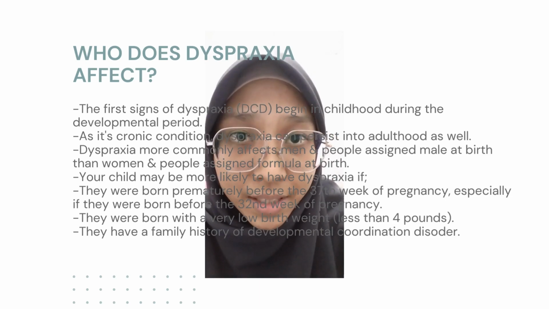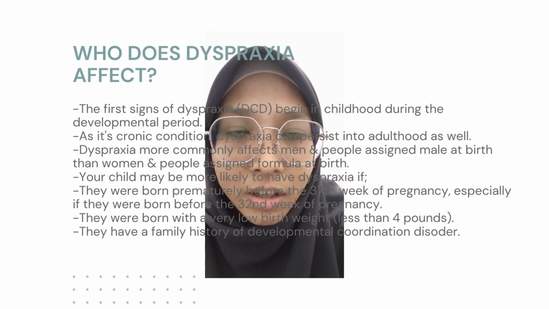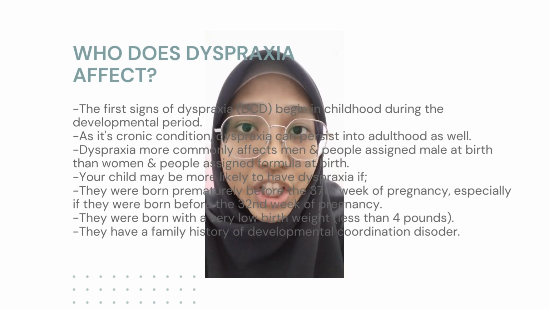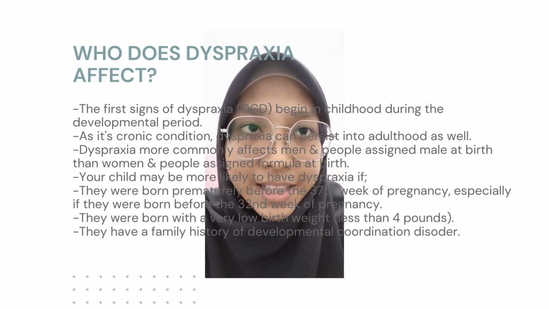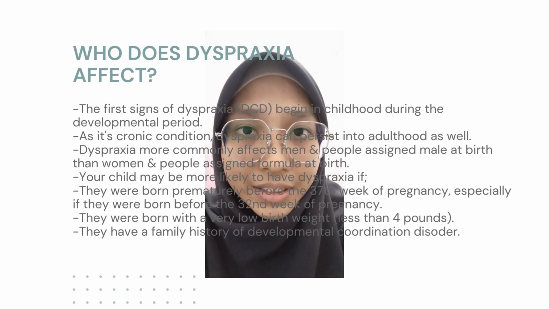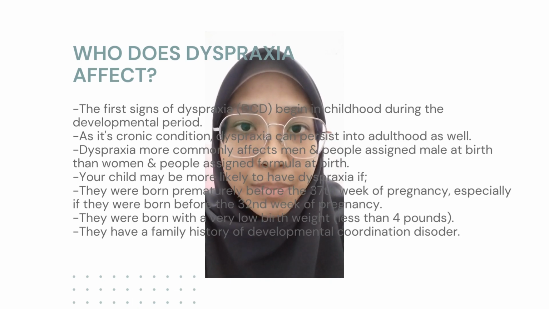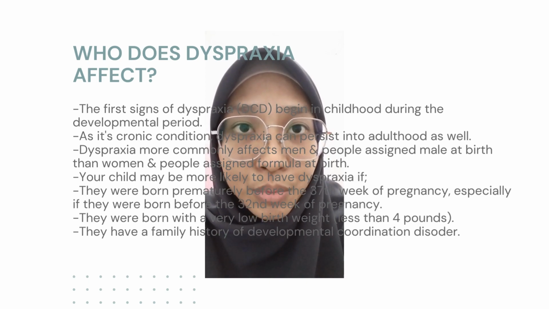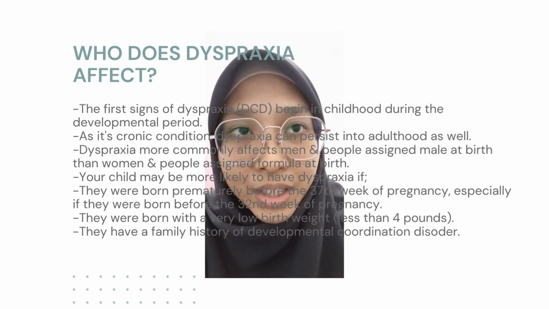Who does dyspraxia affect? The first signs of dyspraxia, developmental coordination disorder, begin in childhood during the developmental period. As it's a chronic condition, dyspraxia can persist into adulthood as well. Dyspraxia more commonly affects men and people assigned male at birth than women and people assigned female at birth.